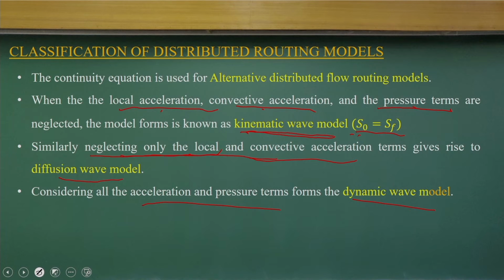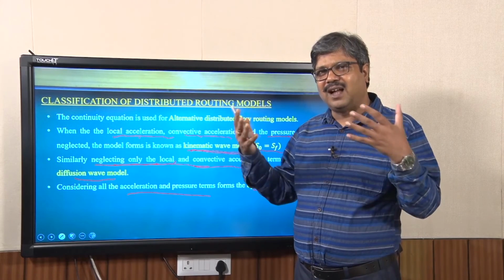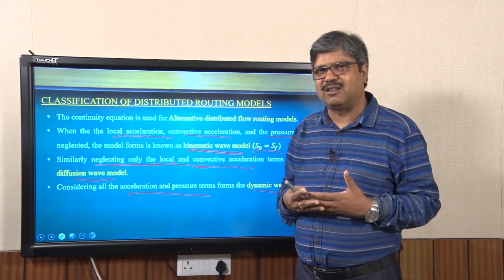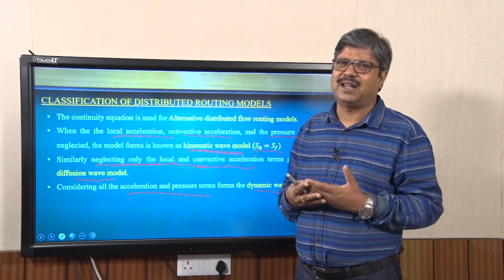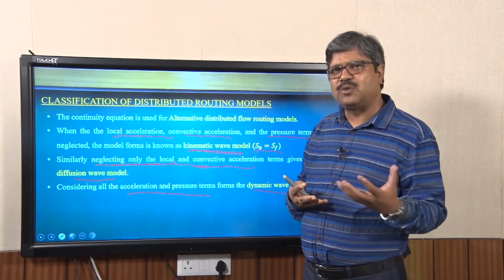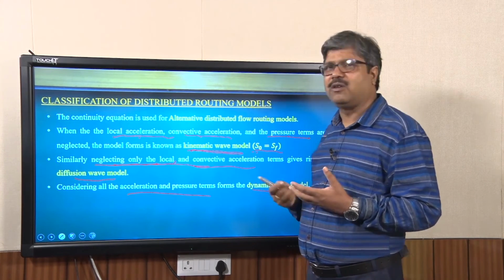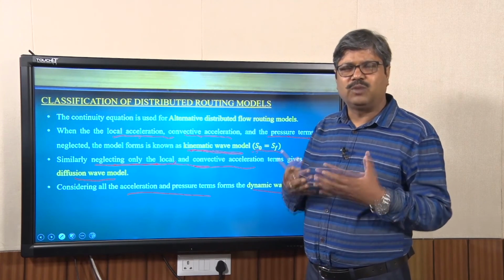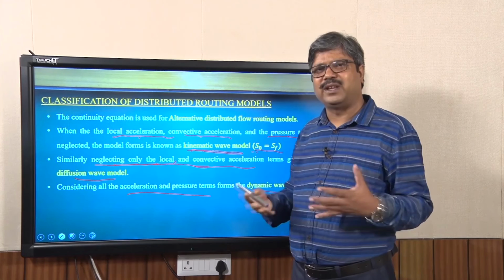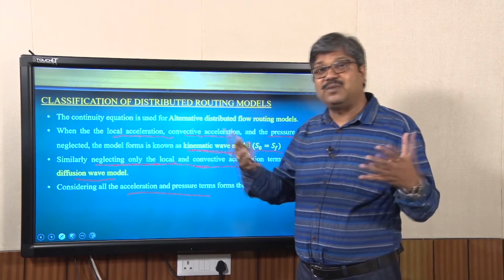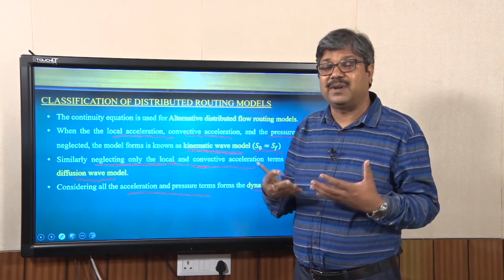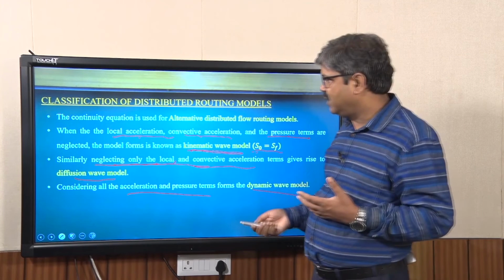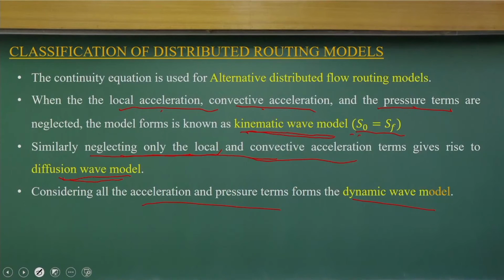In the first approximation, we consider the local acceleration, convective acceleration, and pressure terms not that significant. If that is the condition, like a hilly area where the slope is much larger, you can approximate with kinematic wave models to do the river routing. But when you come back to regions where there are pressure variations and water depth variations, but local and convective accelerations are not that significant, then you can use diffusion wave models.